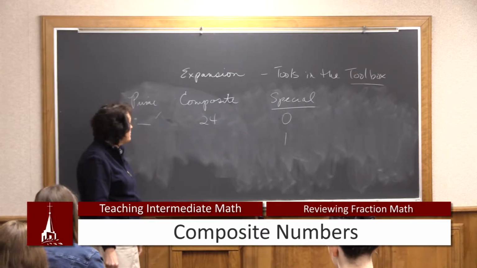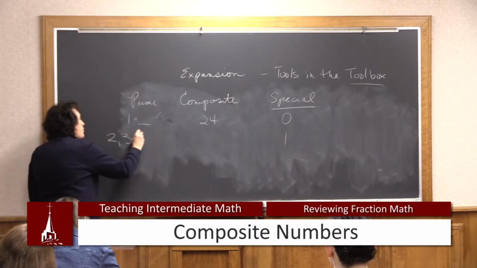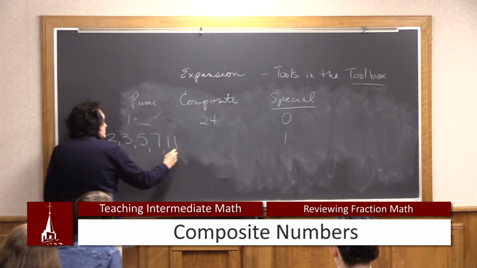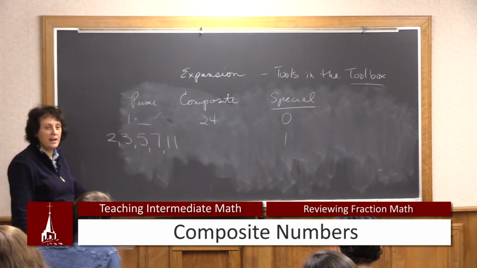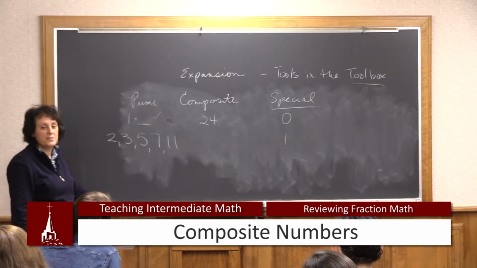When we're doing prime factoring, we have to remember the smaller prime numbers. I used to tell the 6th graders 2, 3, 5, 7, sometimes 11, rarely 13.